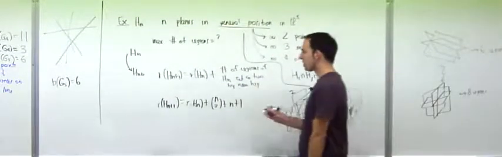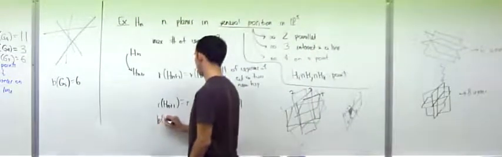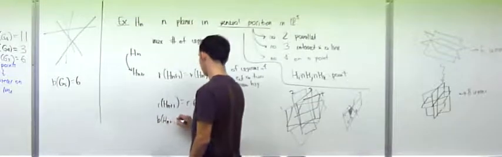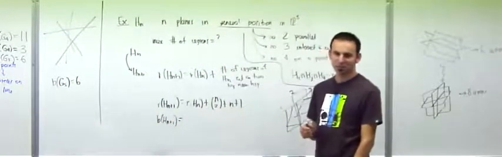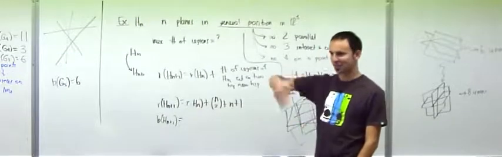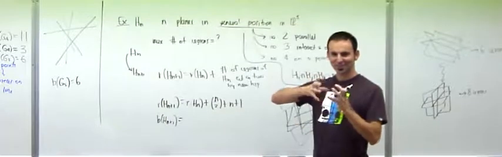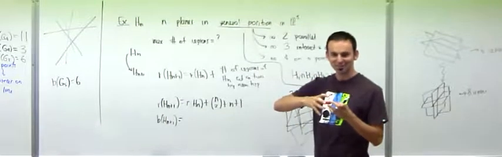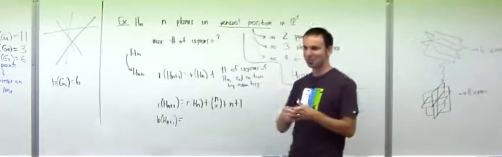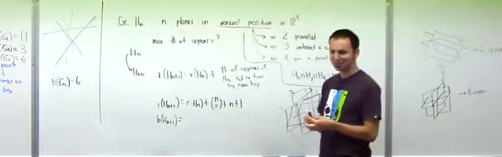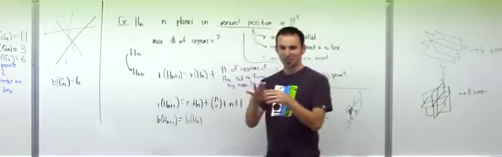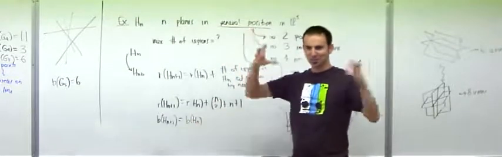And again, by a similar argument, you can show that the number of bounded regions, and actually this was part of the cheese problem, is how many regions don't have any of the, what's the word for the rind. How many of the pieces don't have a part of the rind? Well, you can arrange so that they're precisely the bounded regions. I mean, if the cheese is big enough, then it contains all the bounded regions, right?